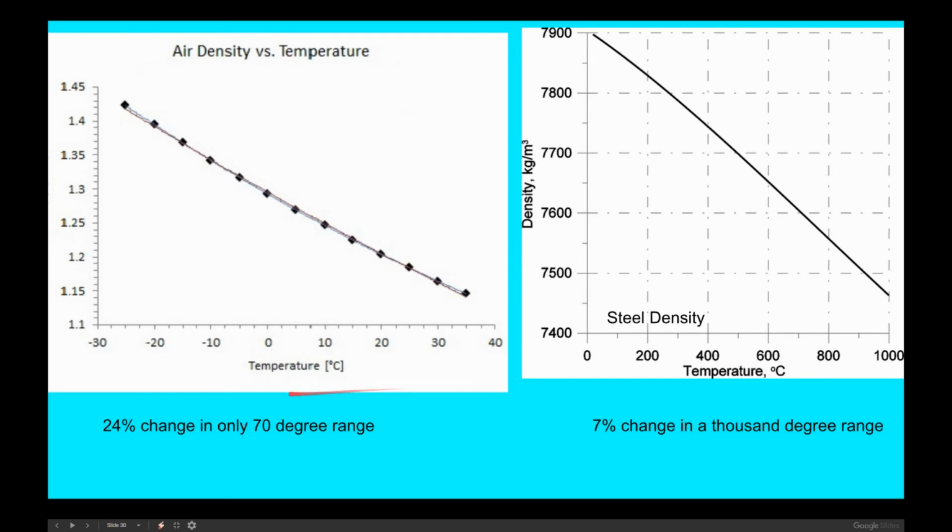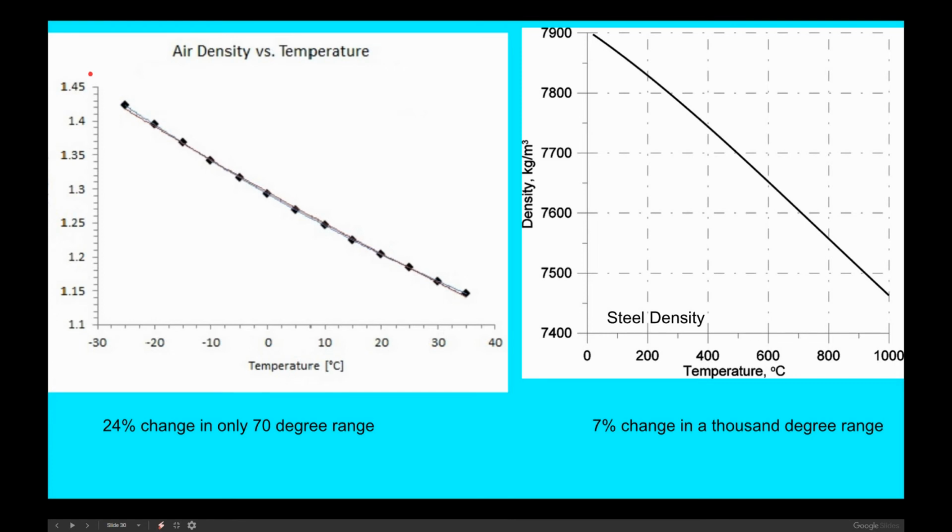Now, I did a little math here. This density range here, 1.1 to 1.5, is a 24% change in density in only 70 degrees. Steel, this change here, even though numerically it was huge, that's a 500 kilograms per cubic meter difference in density.